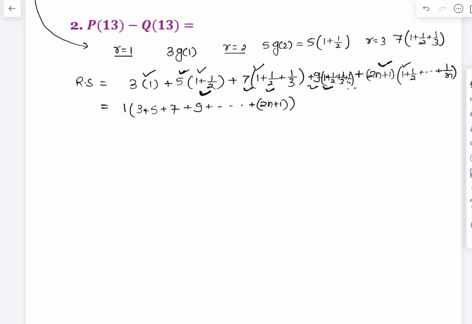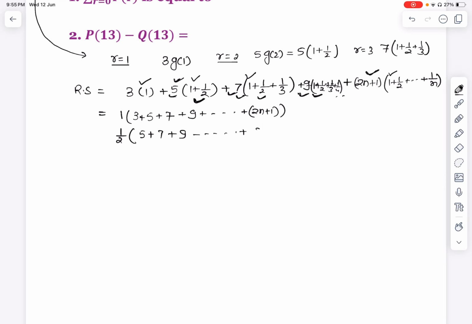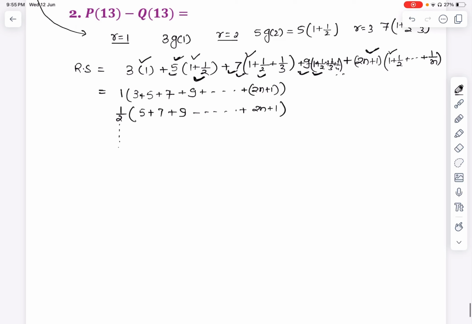So 1 by 2 into 9. If we take 1 by 2 out, the sum starts from 5, then 7, then 9, till 2n plus 1. Correct? Now if we keep on writing this sequence, and take 1 by n outside, the last term we get is 2n plus 1, because this 2n plus 1 is going to multiply with 1 by n.